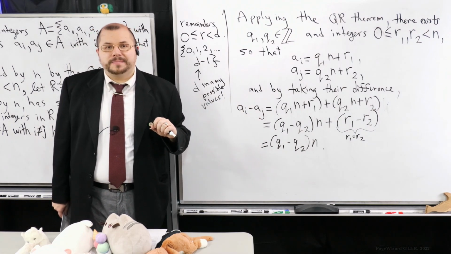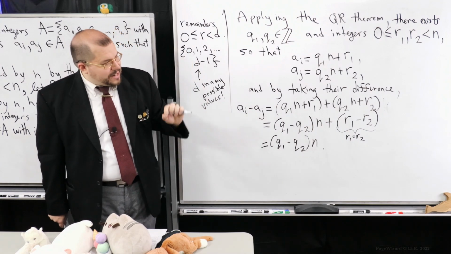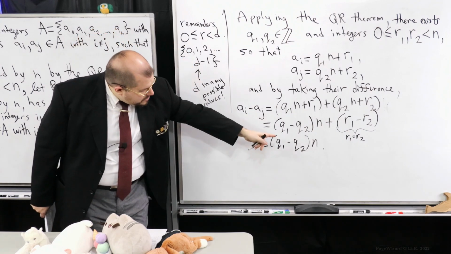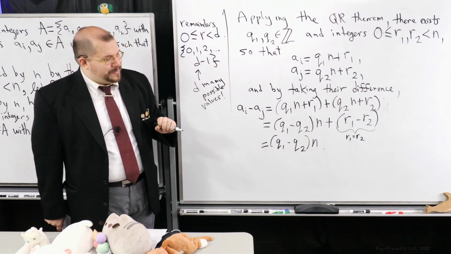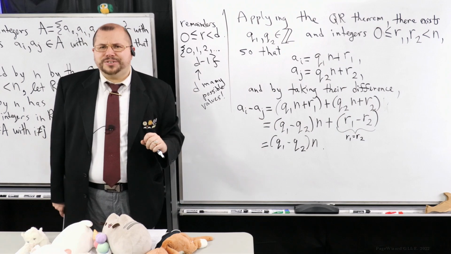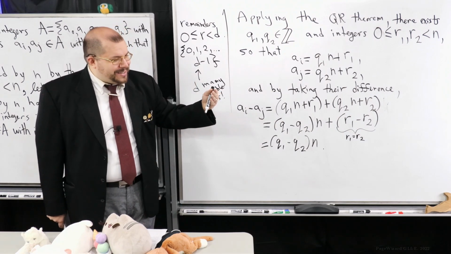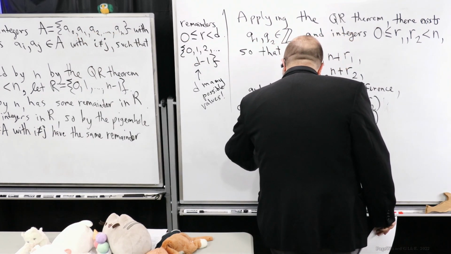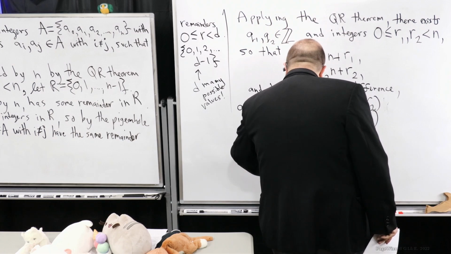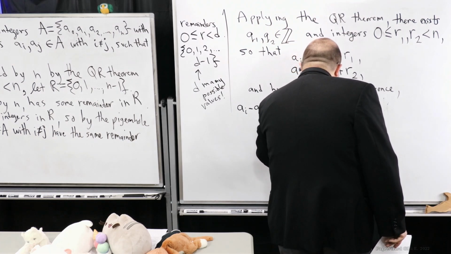Remember, we said there exists an integer such that that integer times n is equal to my number. Is Q1 minus Q2 an integer? Yeah, because an integer minus another integer is an integer.